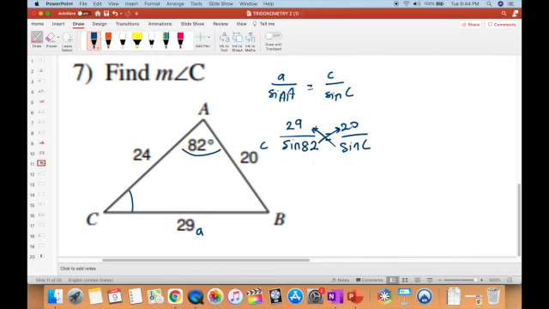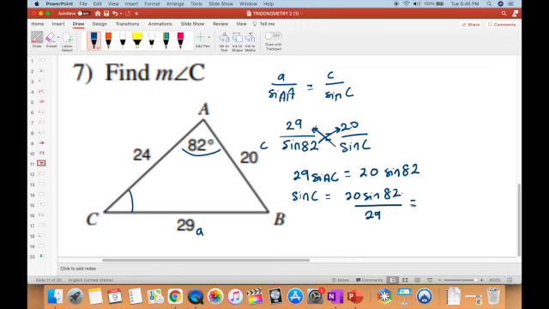So we have 29 times the sine of C is going to be equal to 20 times the sine of 82. So therefore the sine of C is equal to 20 sine 82 divided by 29.